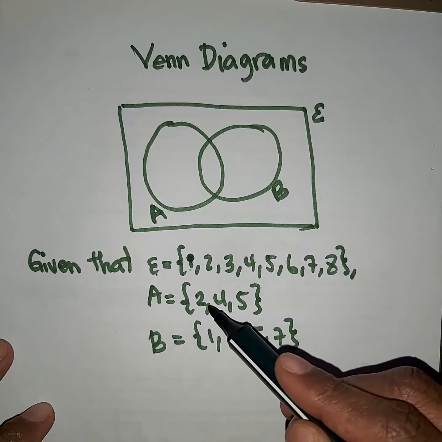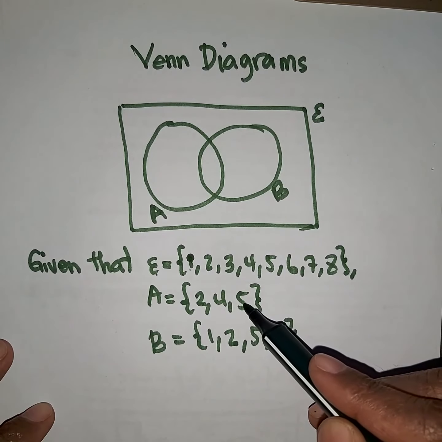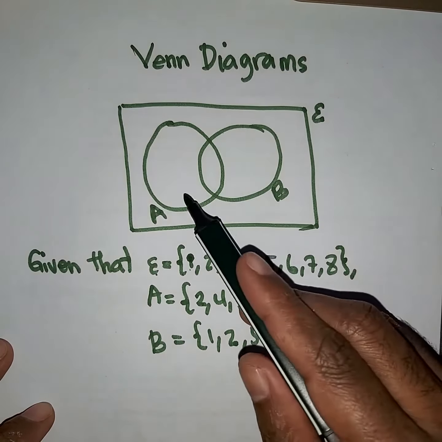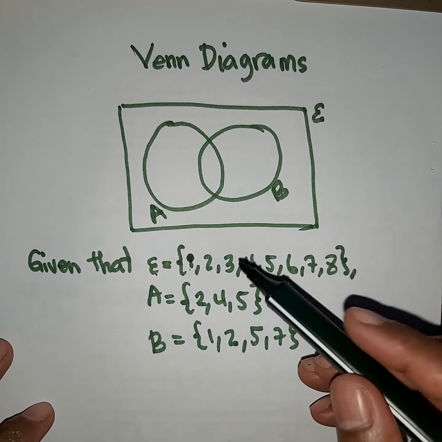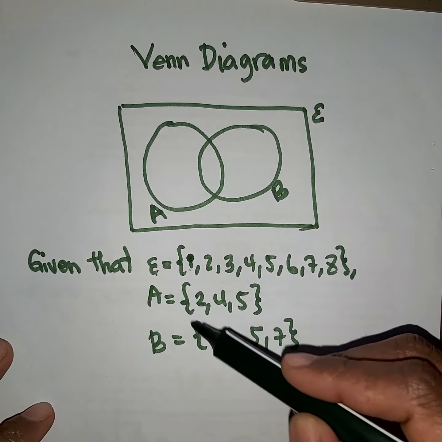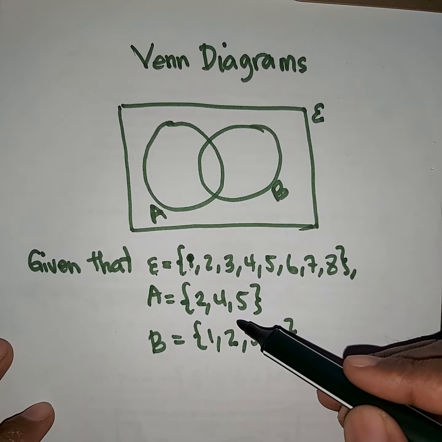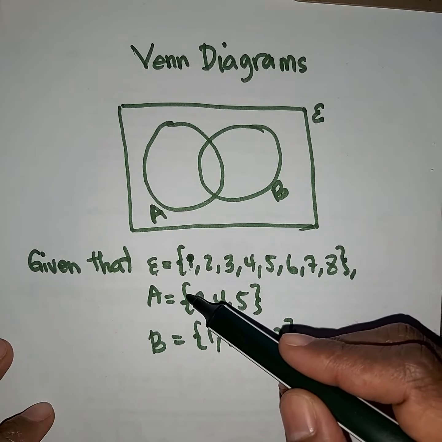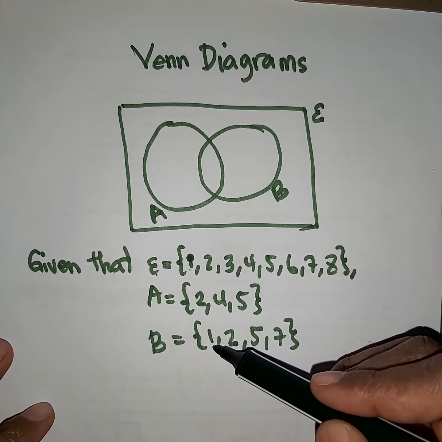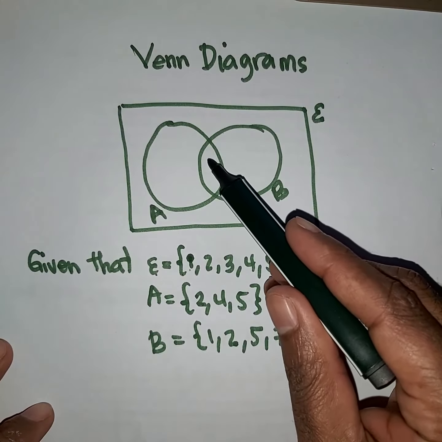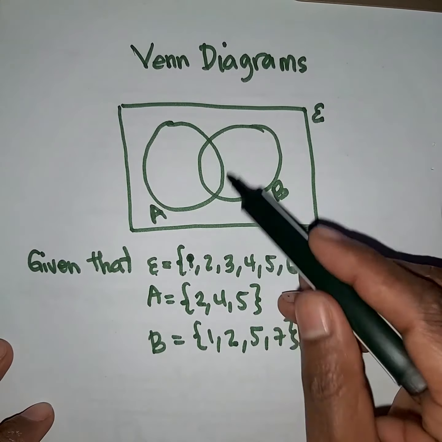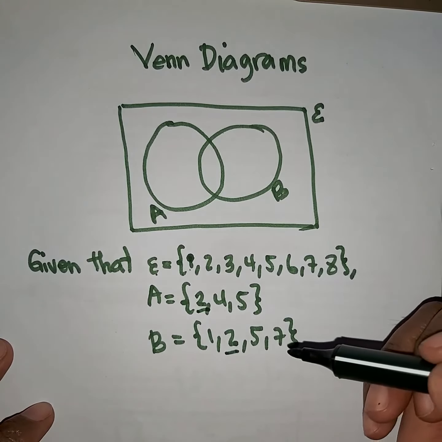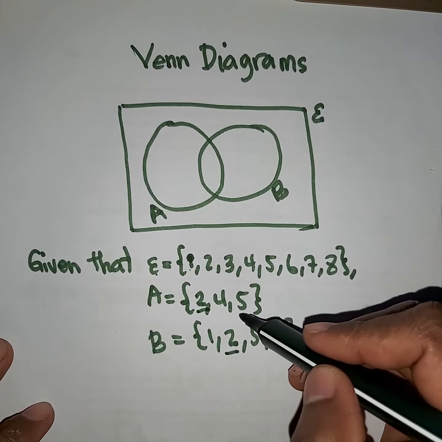Set A: 2, 4, and 5. But before you write all the elements inside the circles, you must look at the two sets and find out the elements common to both set A and set B first. That is the intersection of set A and set B. So element 2 is common, element 5 is common.